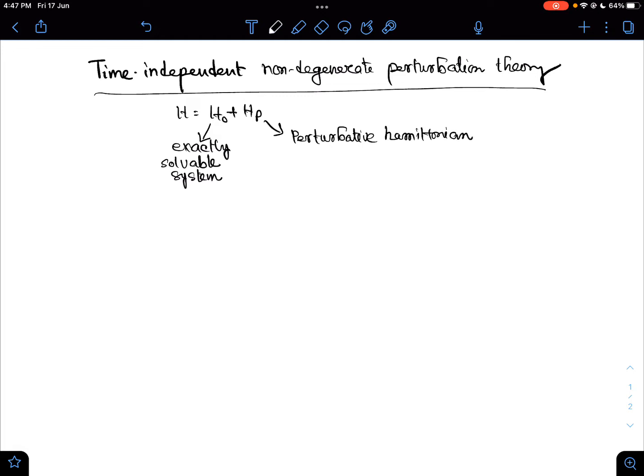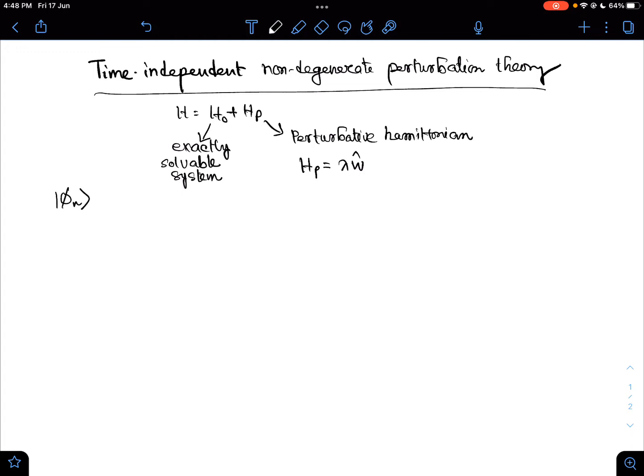We assume HP to be of the form lambda W, and we also assume that HP will affect the energy spectrum and energy eigenfunction by only a small margin. Since H0 is the Hamiltonian of an exactly solvable system, we already know the eigenstates of H0. Let us denote those by psi n.